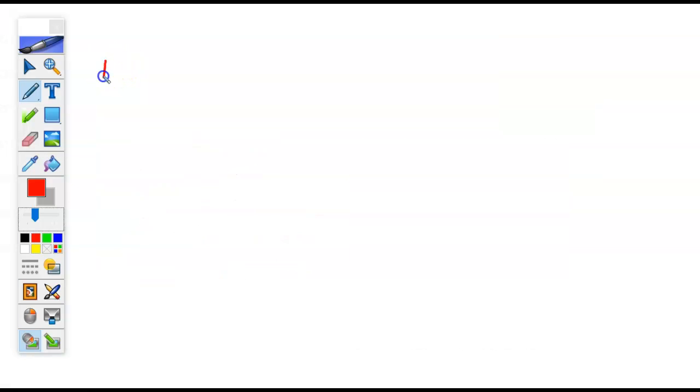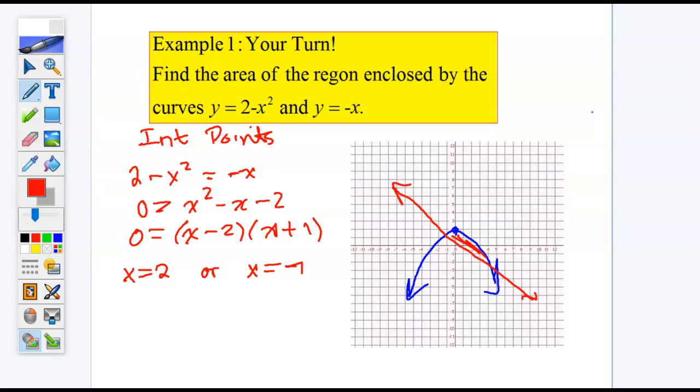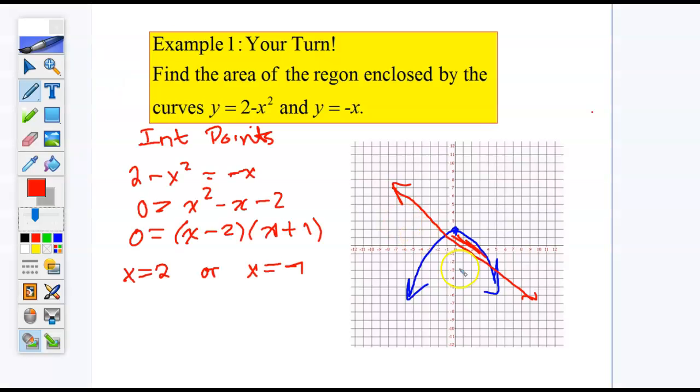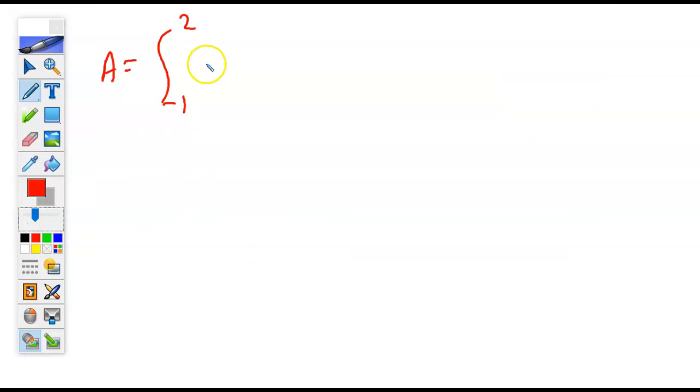So my area is going to be the integral from negative 1 to 2 of my top function, which in this particular case is the parabola, 2 minus x squared, minus the bottom function, which is the linear.